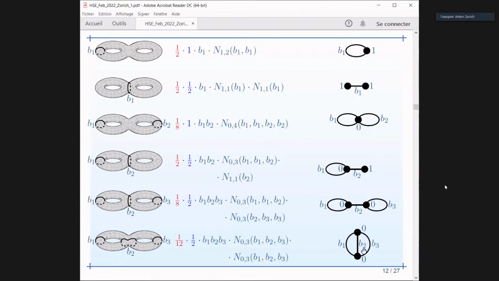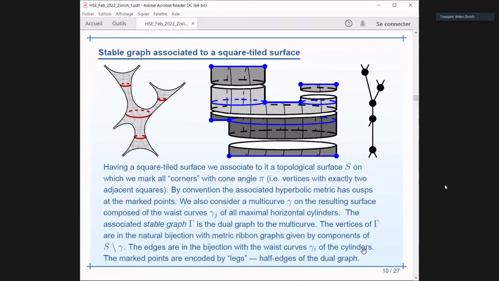When I work with the given bag, I am doing the following. I want to compute square-tiled surfaces corresponding to this particular stable graph. I'm doing it like this. Each vertex of the stable graph is represented by a ribbon graph. I have to recall the genus associated to this vertex, which is not written here because here the genus is 0, so all vertices correspond to genus 0.